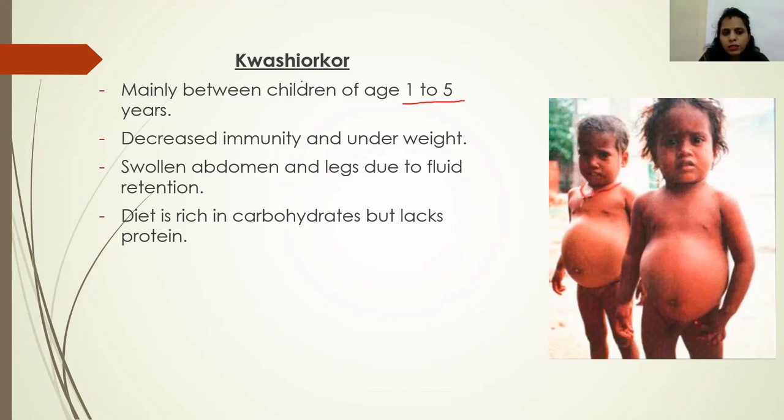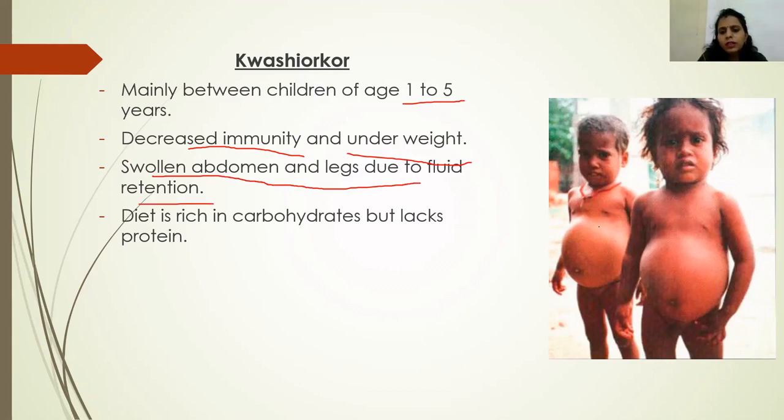The general symptoms are a decreased amount of immunity, and the kids are generally underweight. These kids are identified from other kids by the presence of a swollen abdomen and legs due to fluid retention.